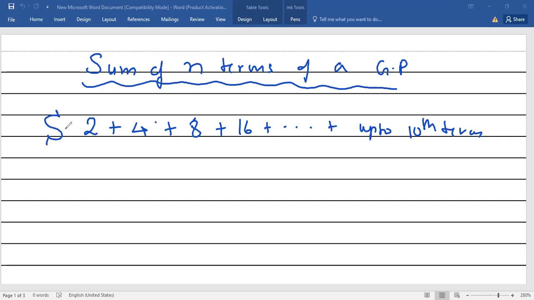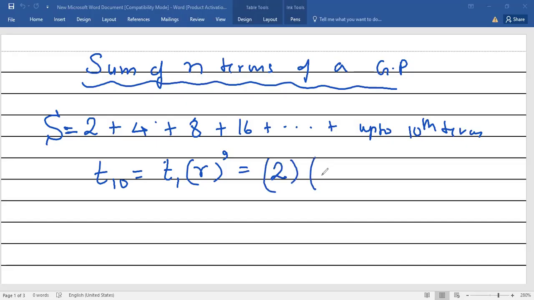The first thing is you have to find the 10th term. So the 10th term will be given by the first term. We have seen this formula that the nth term can be calculated by multiplying the first term with the common ratio to the power n minus 1. Here it will be 9. So plug in the values.